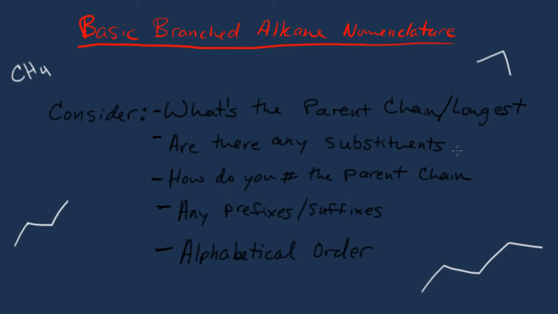And then we have to figure out how we're going to number our parent chain. And then when we begin naming it, we have to identify if there's any prefixes or suffixes that we have to be aware of. And then what is the alphabetical order that we're going to be listing our substituted parts of our parent chain in. So with that, let's get into our first example.